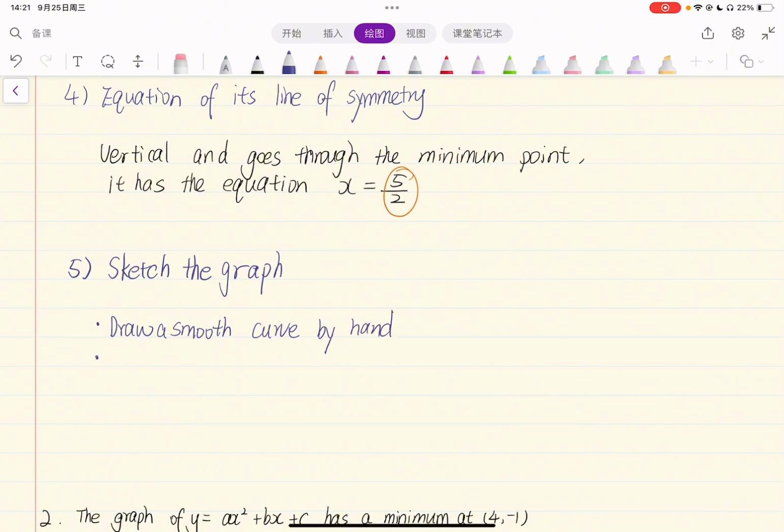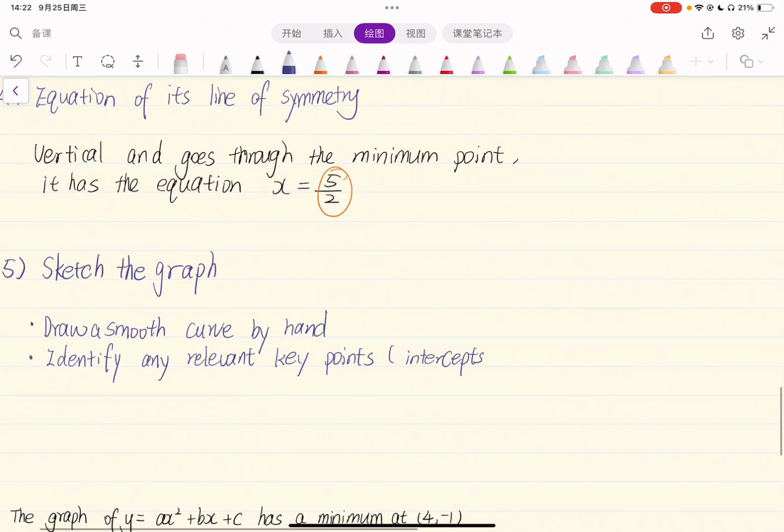The second thing you need to do is identify any relevant key points. What are they? They are the intercepts, that is the points where it crosses the y-axis and x-axis, and the turning point.